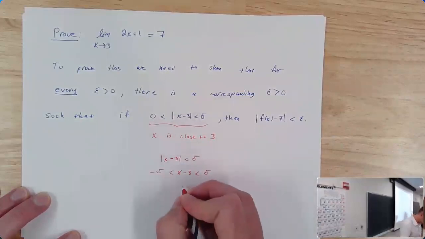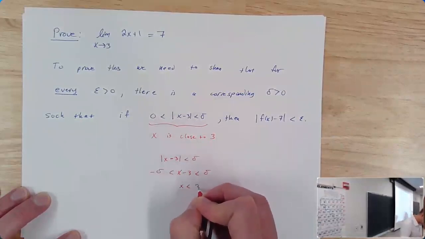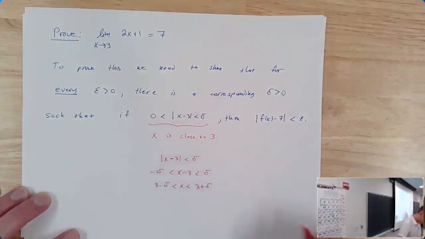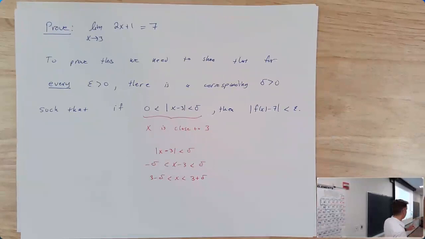If I add 3 to everything, x is less than 3 plus delta and bigger than 3 minus delta. And one sec, it might be a little easier to see that way, that x really is close to 3. It can only be delta more than 3 on the right and delta less than 3 on the left. Question. Sorry.